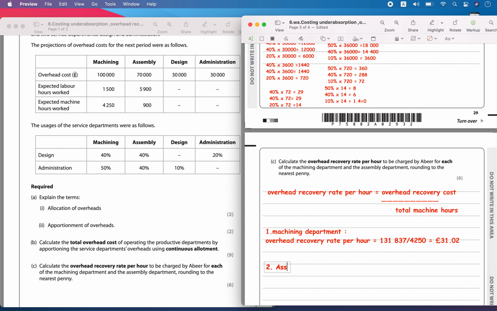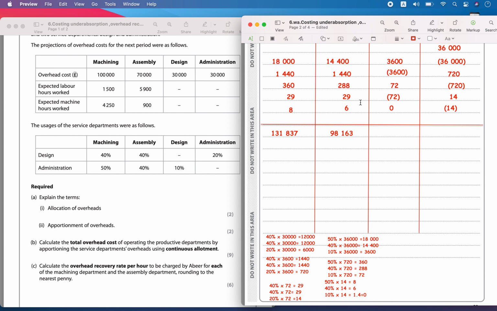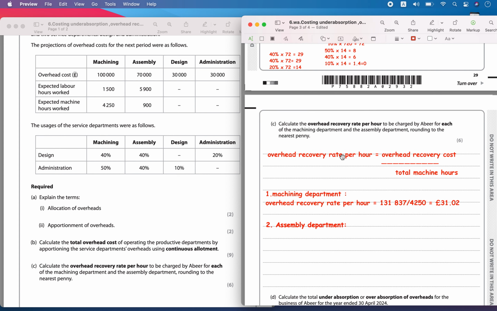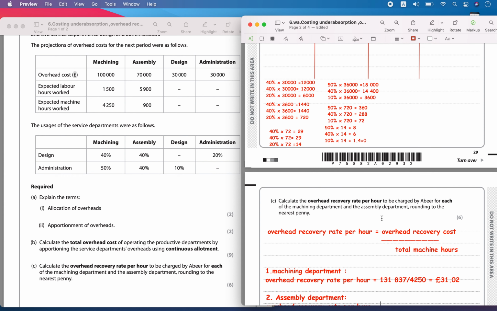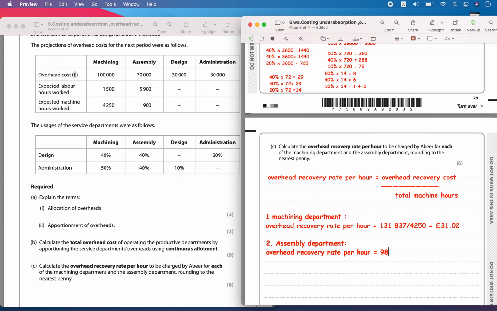Next, for the assembly department, the total cost is 98,163 divided by the hours spent, the total machine hours is 900.